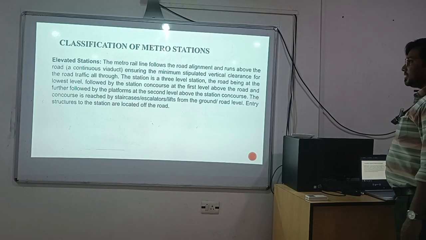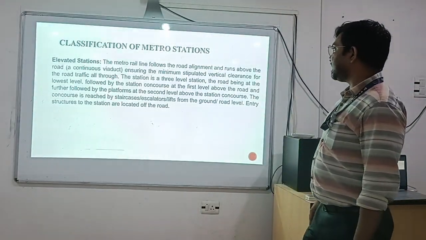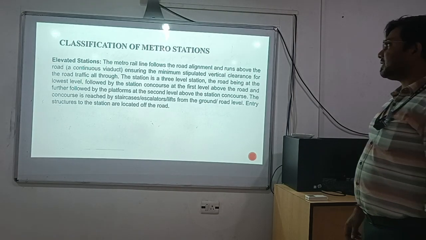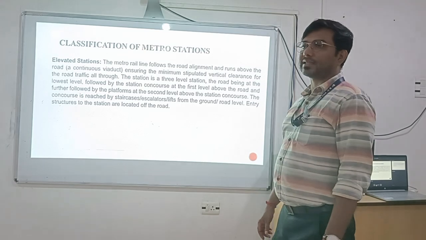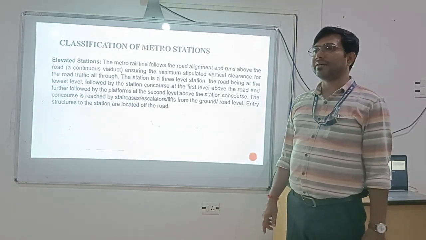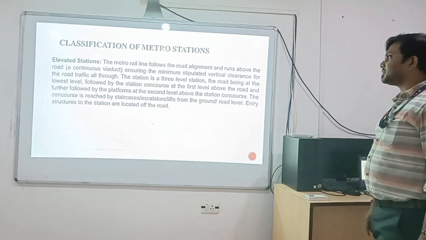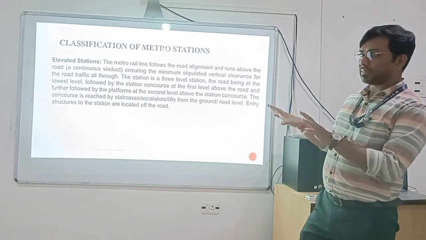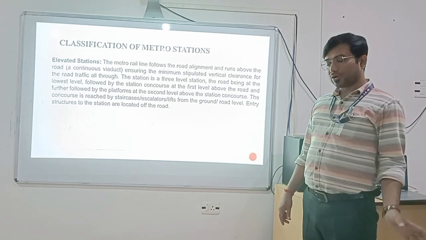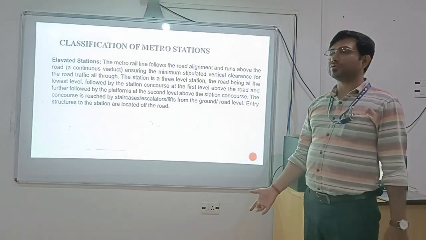First one is the elevated station. Already I have told you that the viaduct is constructed for the routes of the metro rails. But in case of stations, that means from where passengers are getting into the metro rails, that platforms and the station may also be constructed above the ground at a grade from the ground surface.